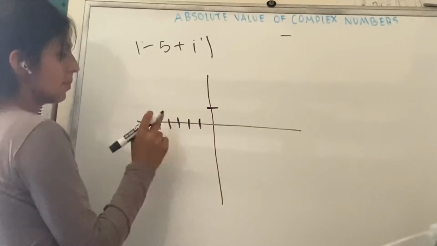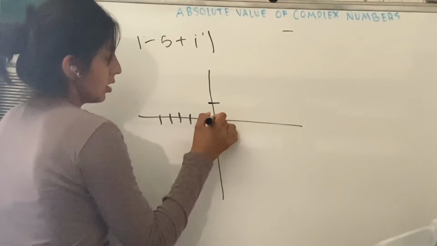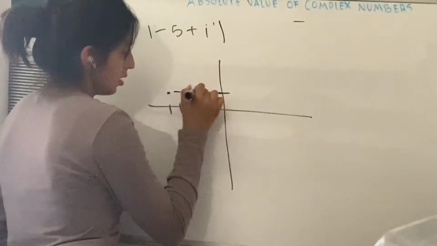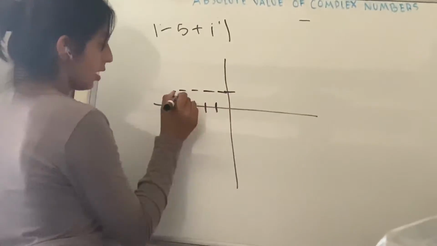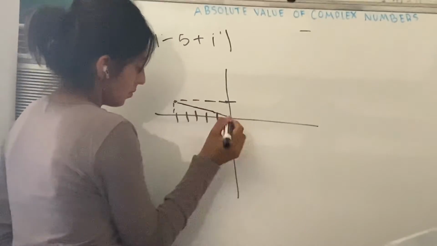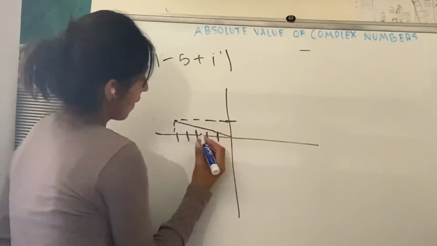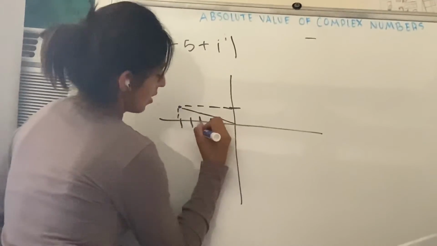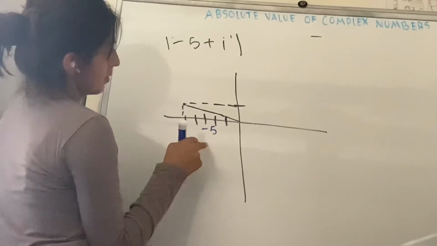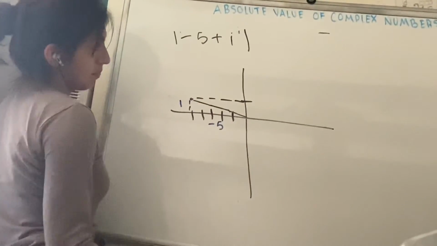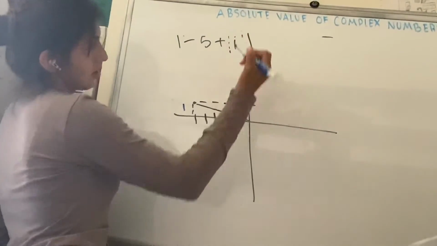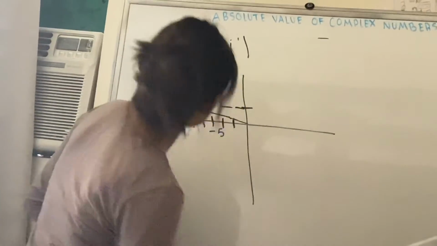So just like that, we will draw our right triangle. And we have negative 5, and then we have 1 over here. Okay? So, Pythagorean theorem.